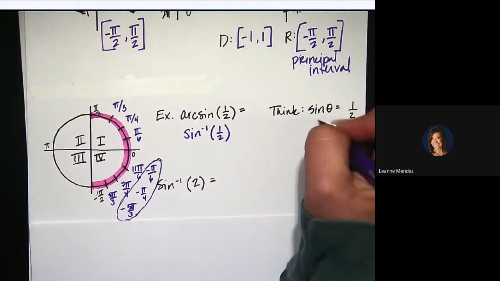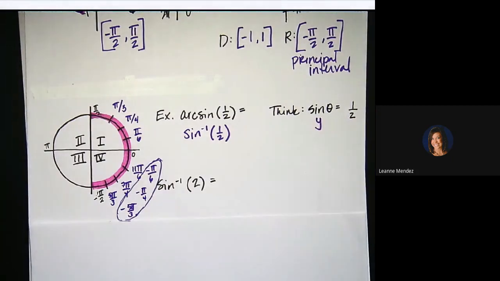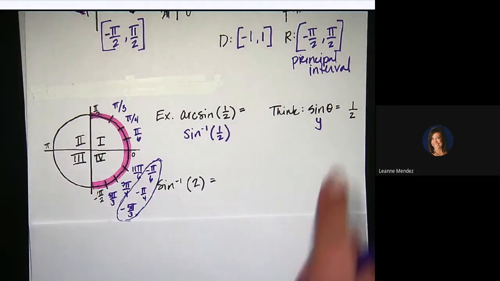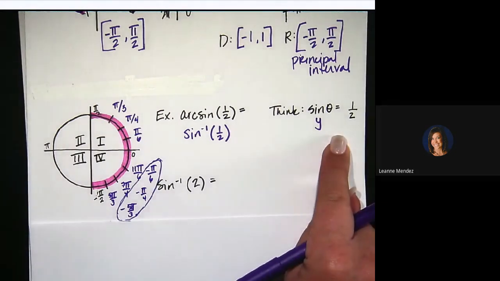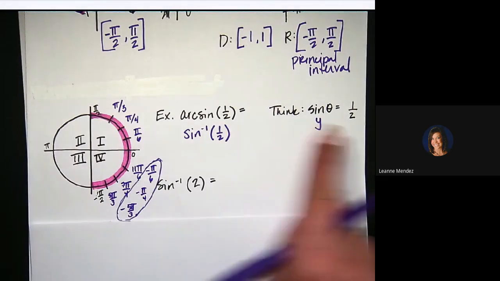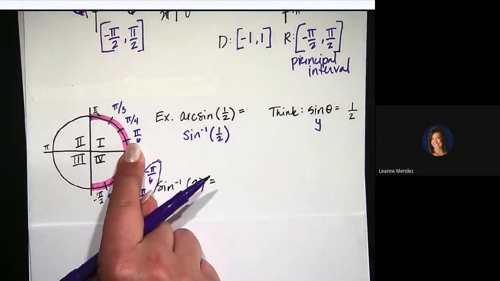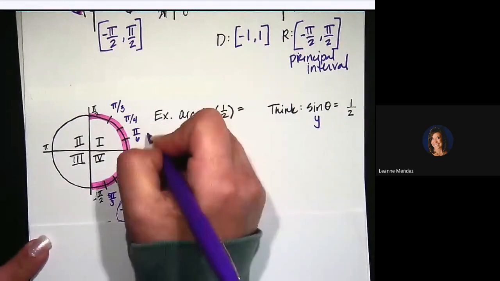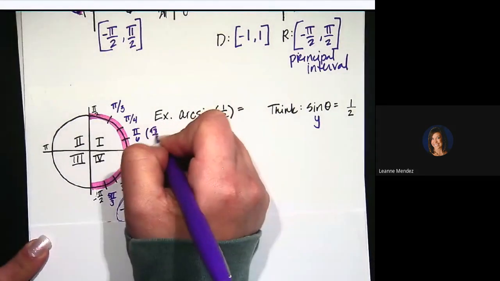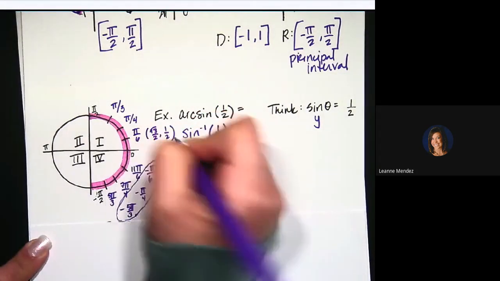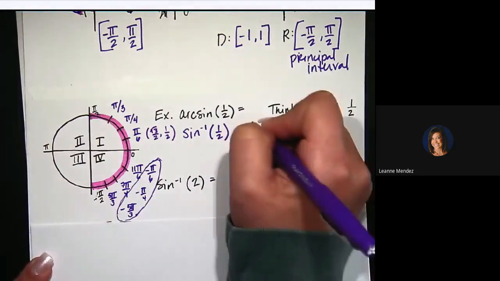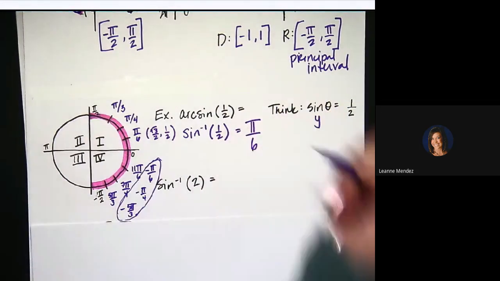Well, remember sine is y. So in terms of these angles, which of those angles have a y coordinate of positive 1/2? What do you think? Hopefully you thought pi over 6, because that's what it is. The coordinates for pi over 6 are positive root 3 over 2, positive 1/2. So this is pi over 6.